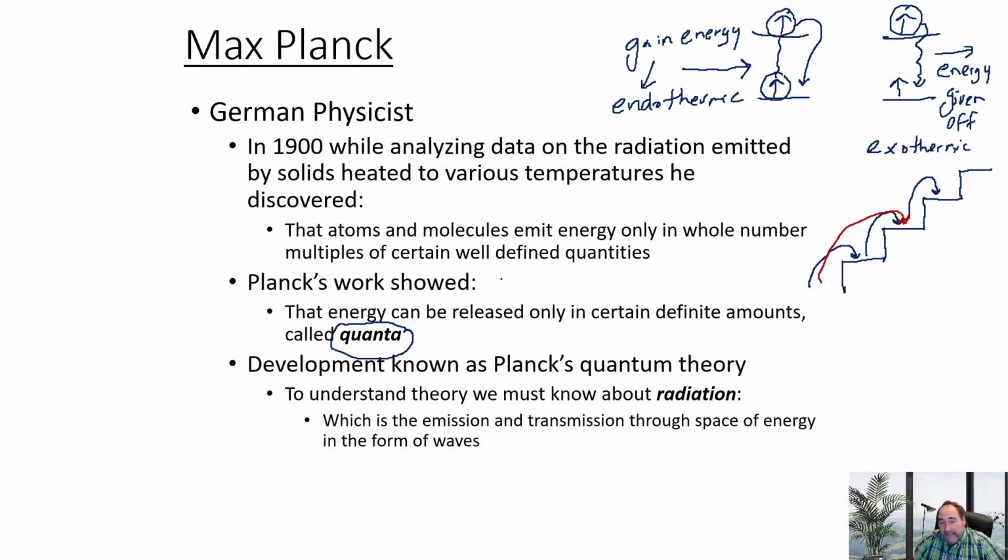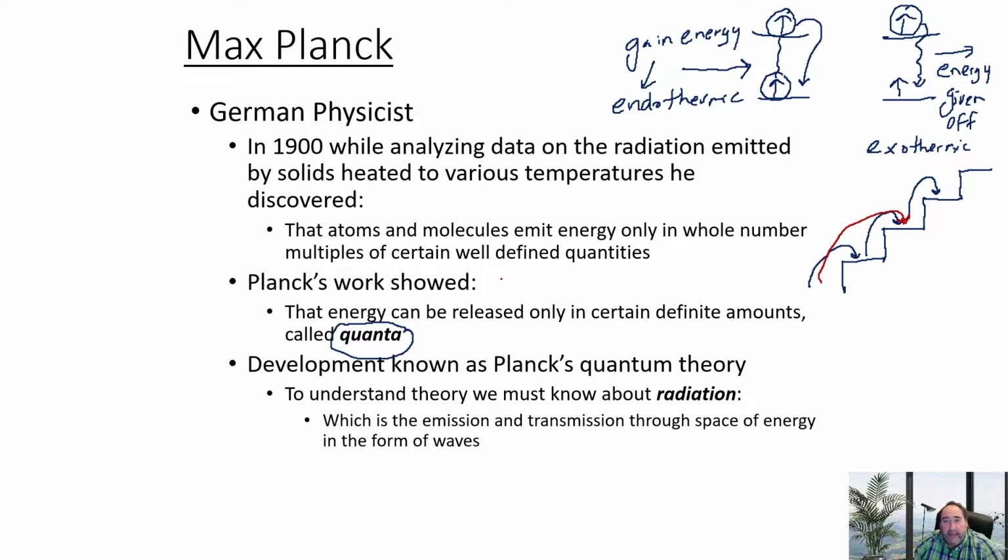So this idea of quantized energy is very important in terms of modern atomic theory. And it led also to an understanding of radiation. And radiation is really the emission or transmission of energy through space in the form of waves.